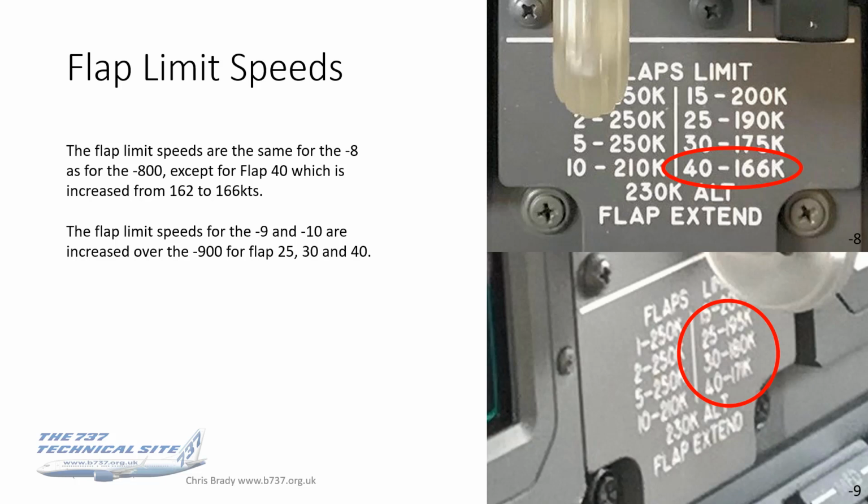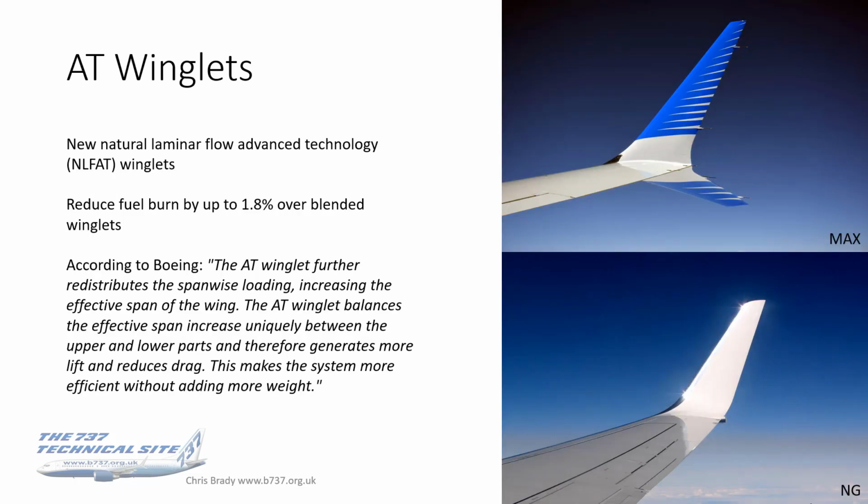The flap limit speeds for the 9 and I believe the 10 are increased over the 900 for flaps 25, 30, and 40. So those 3 placard speeds have been increased. AT winglets.